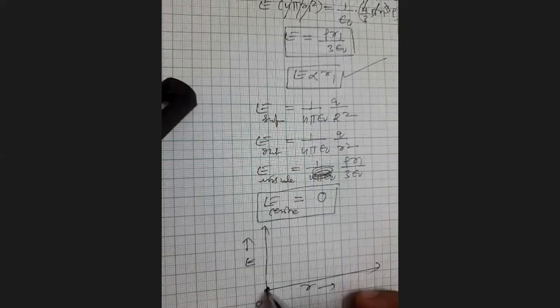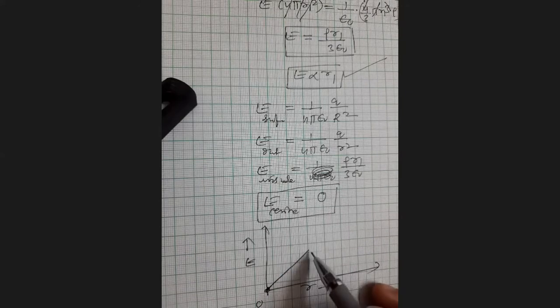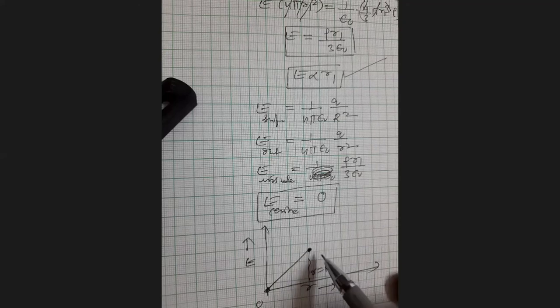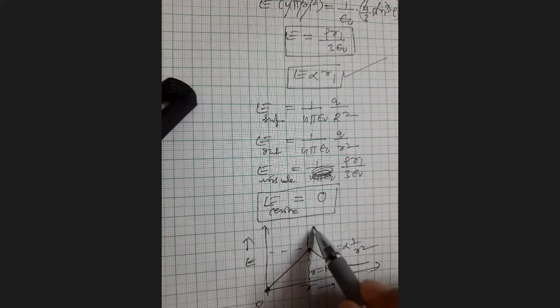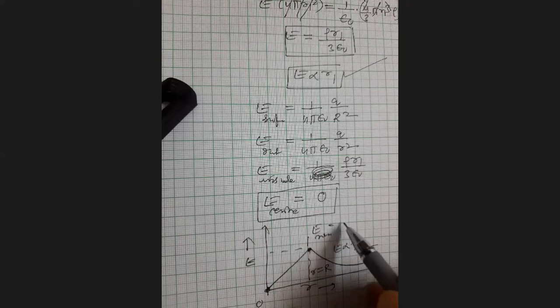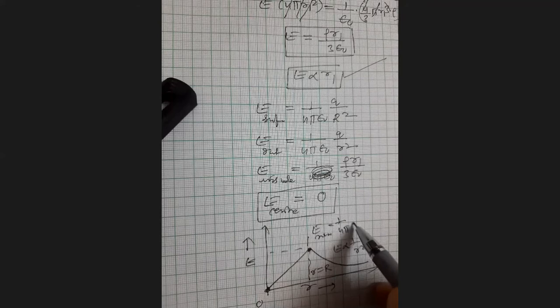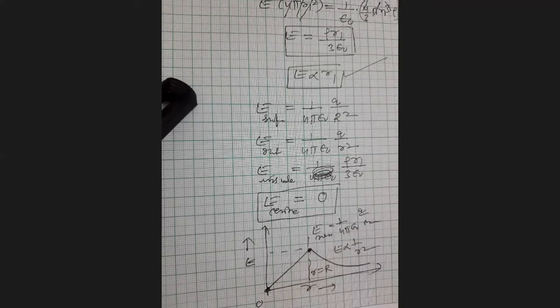Therefore, electric field strength linearly increases like this. This is r equal to capital R. Here E value is maximum. Outside, as we move from the surface to an outside point, it decreases like this, E inversely proportional to r square. Here E value is maximum, that is 1 by 4 pi epsilon naught Q by R square.